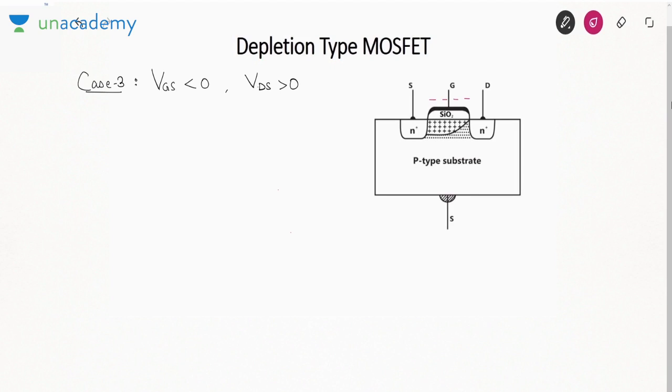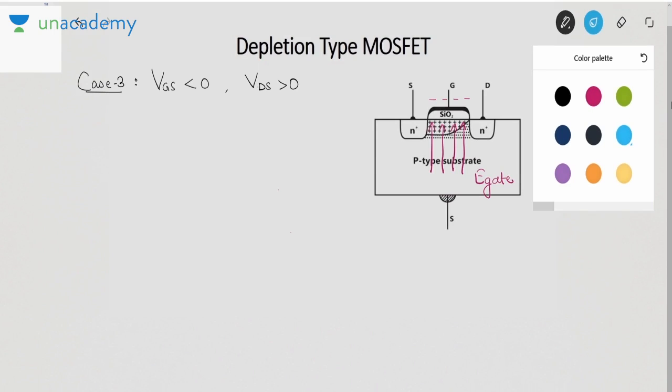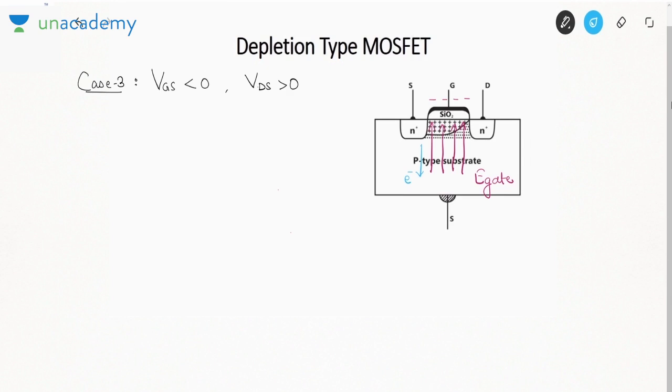No current can be injected from the gate terminal due to oxide. But this gate terminal can generate electric field. So this electric field will always be from positive to the negative terminal. This will be the electric field due to gate. Now we know electrons always travel in a direction opposite to electric field. So electrons will be going downwards.